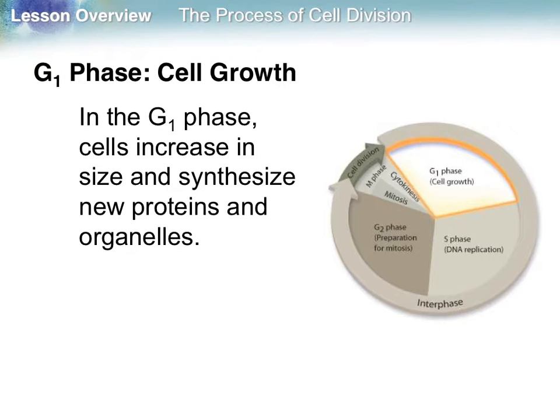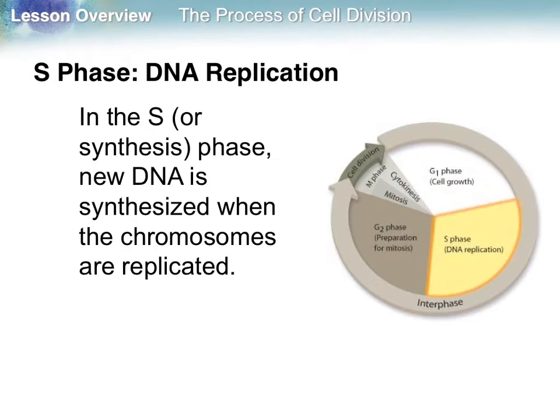Now we want to talk about what happens during each of the parts of interphase. The first is the G1 phase. The G1 phase is known as the growth phase, so G for growth, and the cells are increasing in size, making new proteins, making organelles, and just growing and doing our normal cell jobs.